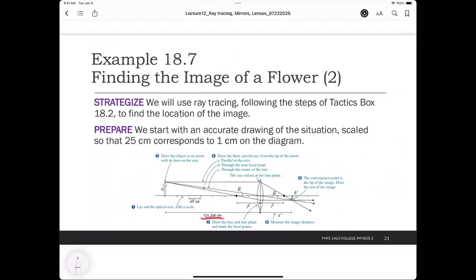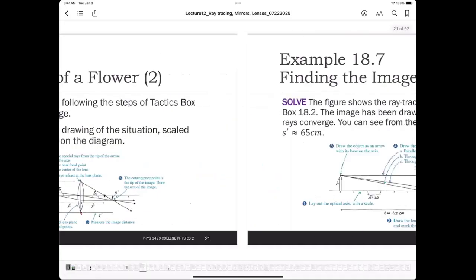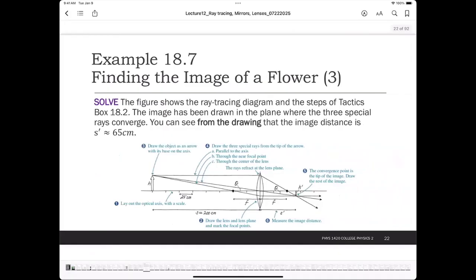This is the distance between the flower and the lens. It's 200 centimeters.